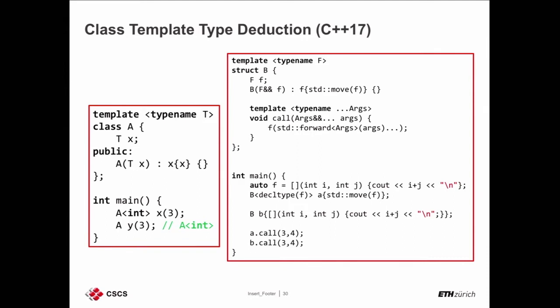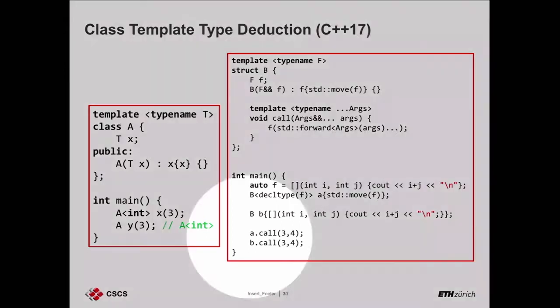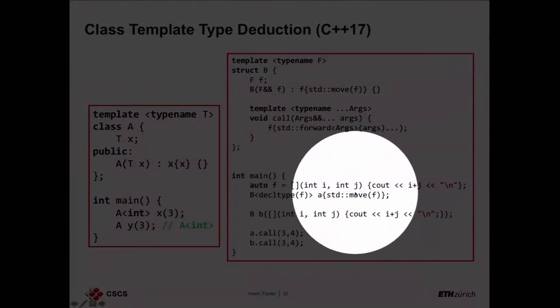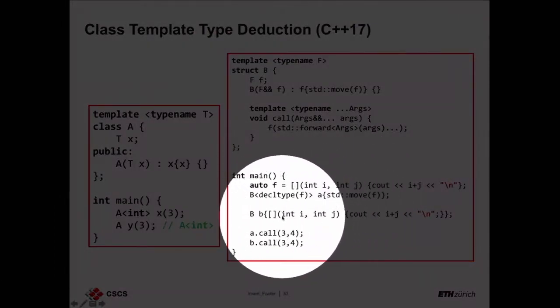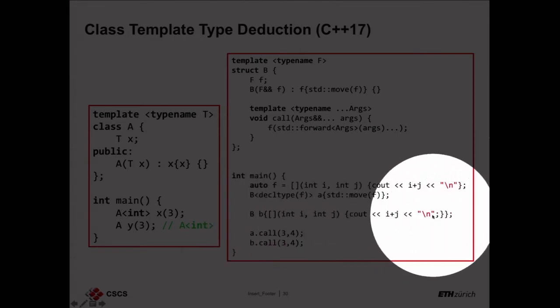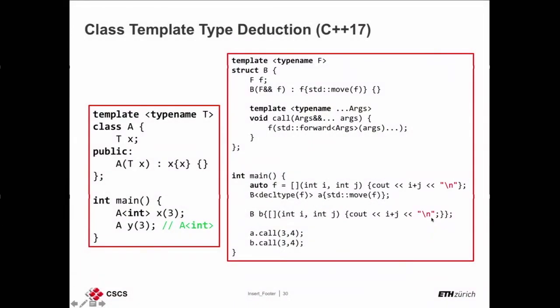It will be an internal name for the compiler. So you need to do decltype of f and basically move. But instead, you can simply say b, put the lambda in the constructor line, and the class will be instantiated for you with the right type.